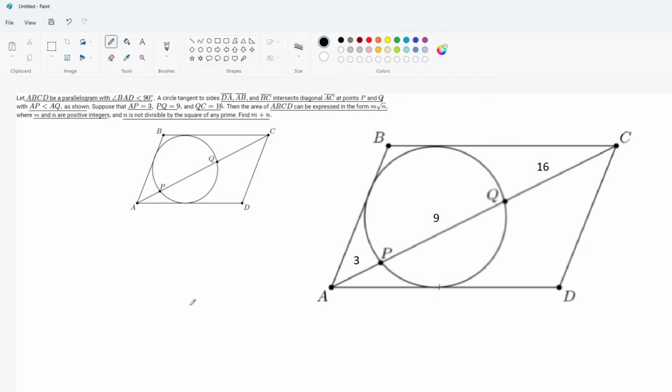So, taking that, let's call this AT. We get that AT squared is equal to 3 times 3 plus 9, or 12.